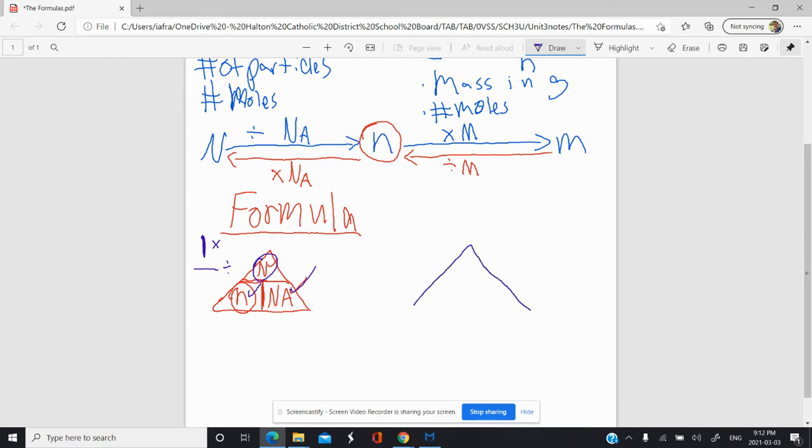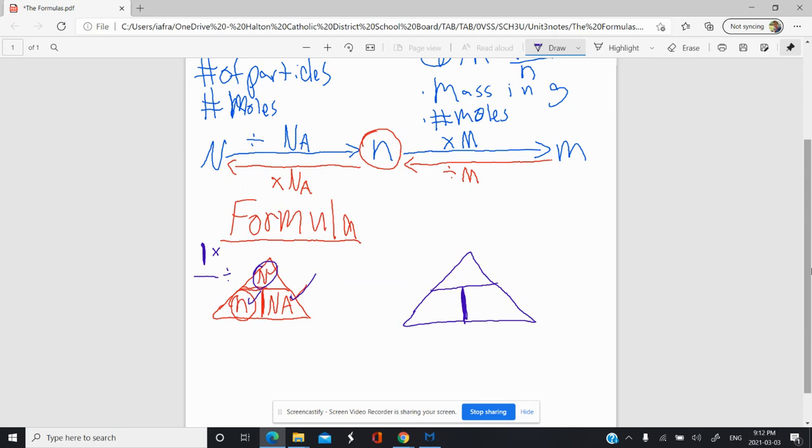You could do a similar triangle for the other equation with mass. So for example, if you want to find mass, you know that's moles times molar mass. That's a big M there. And if you want to find moles, that's mass over molar mass.